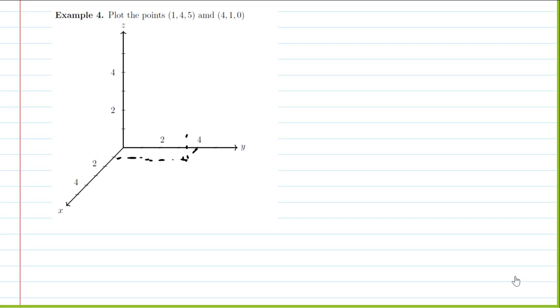So we're going to go up to a point about right here. So that's going to be 1, 4, and 5. And if we try 4, 1, and 0, we're going to go 4 in the x, 1 in the y, and then 0 in the z direction. So it's going to be a point right there in the xy plane.